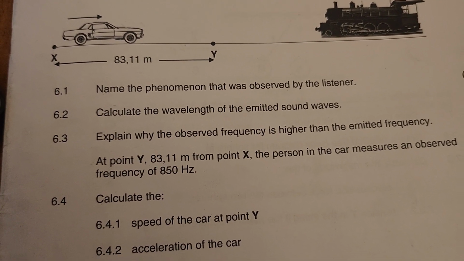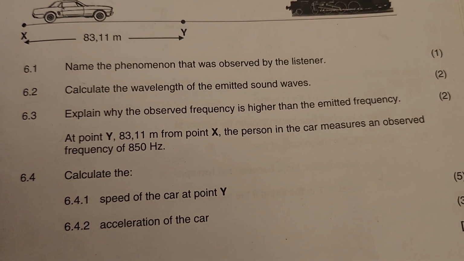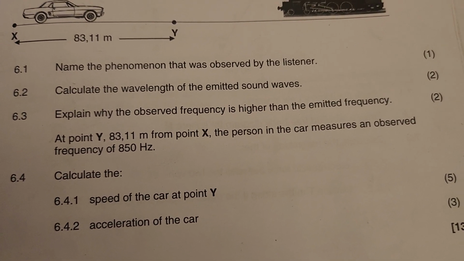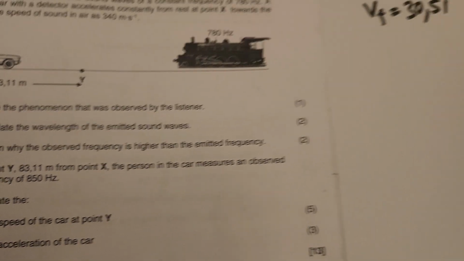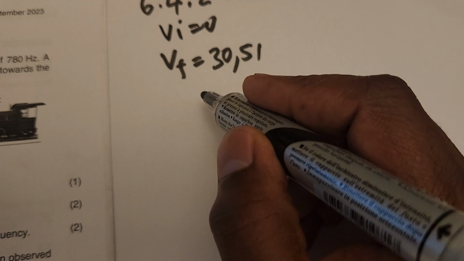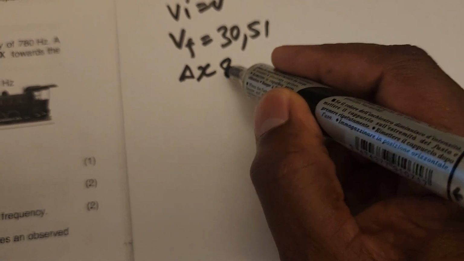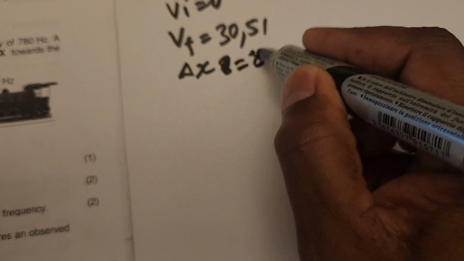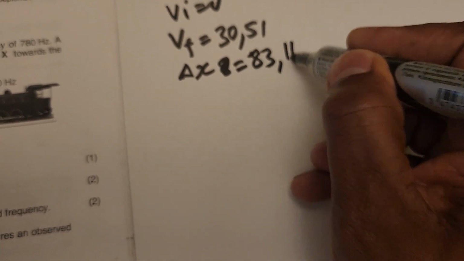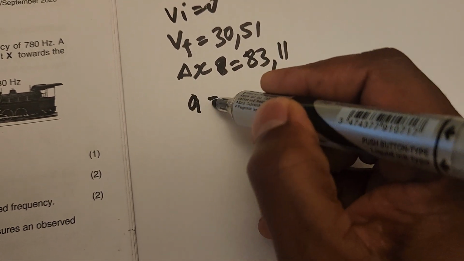The final velocity we just calculated, it's 30.51. What else do we know? We know delta x is given, it is 83.11. Therefore, they want us to calculate the acceleration.